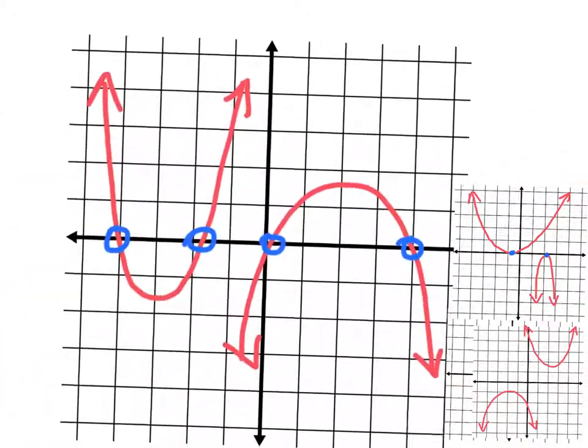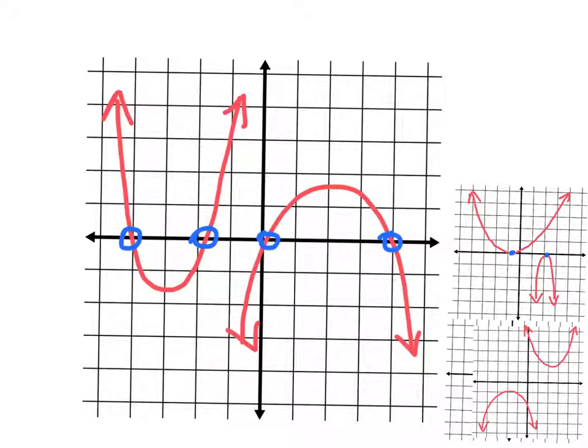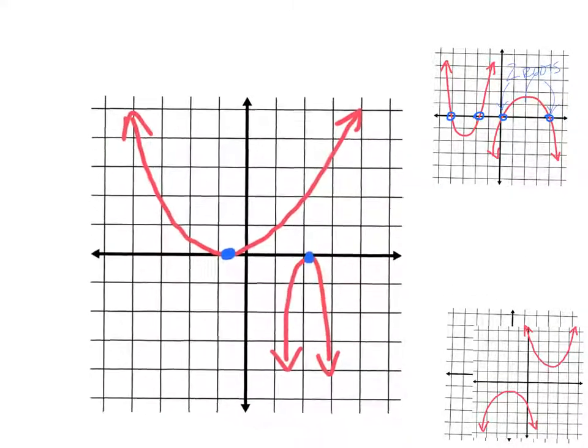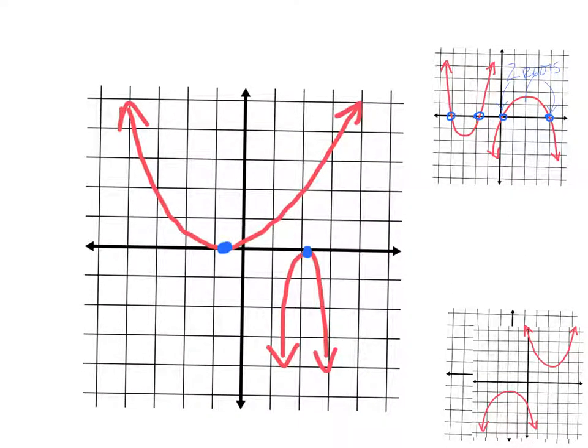We have option number one, and this is a set of graphs that have two roots because they intersect twice. The second option we have is that it only intersects one time, in which case we have a problem with only one root.